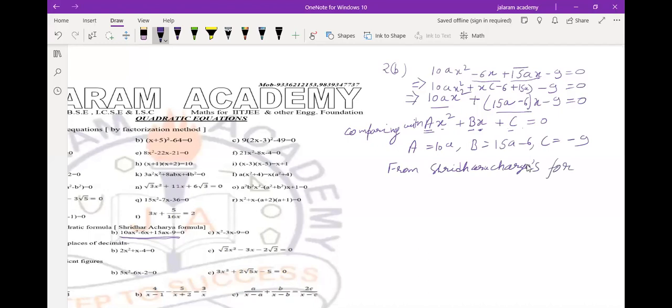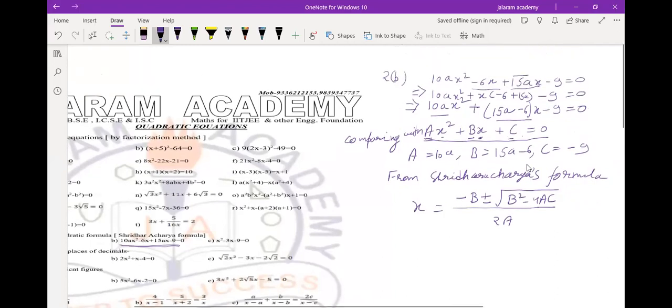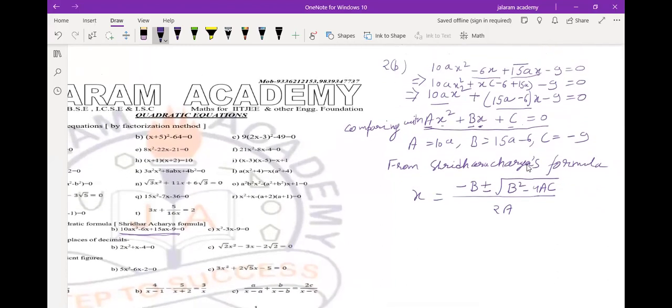From Sridharacharya's formula, x equals, what is Sridharacharya formula? Minus b plus minus under root b square minus 4ac, upon 2a. As we have used capital A, B and C in the general quadratic equation, we will use capital letters in Sridharacharya formula also, to avoid any confusion.